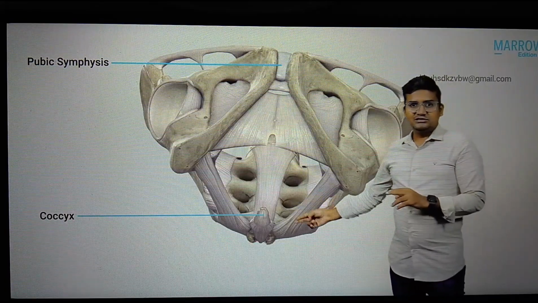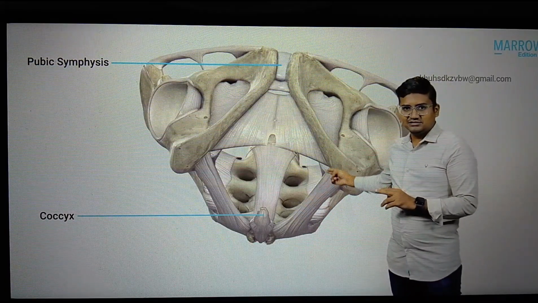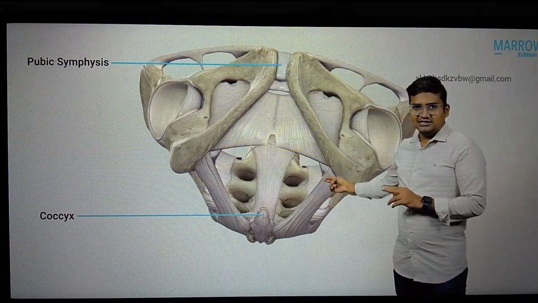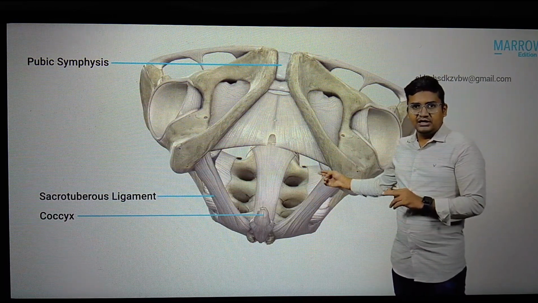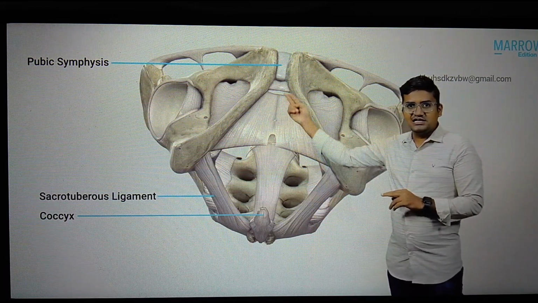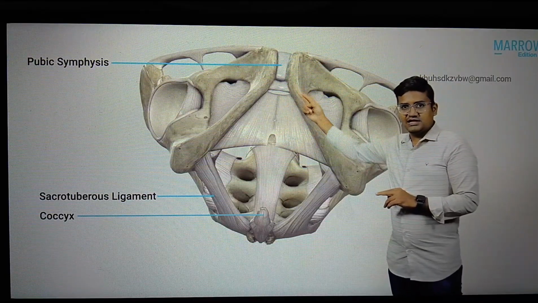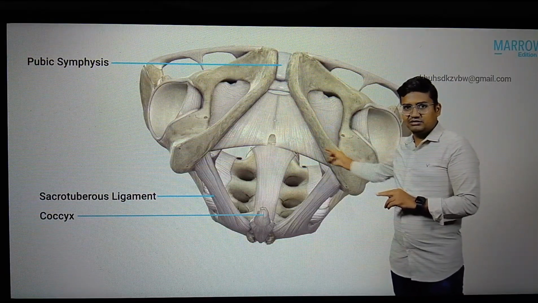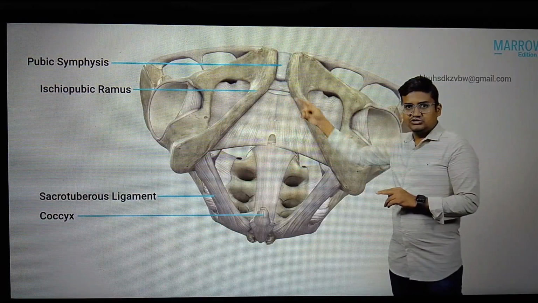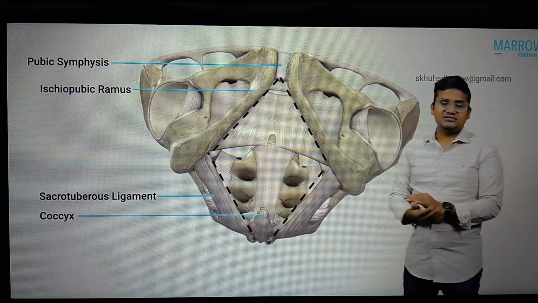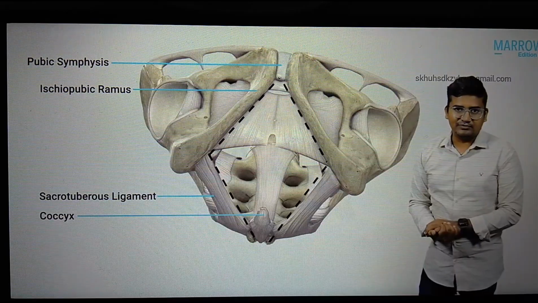Posterolaterally, that is our sacrotuberous ligament from the sacrum to the ischial tuberosity. Anterolaterally, you are seeing this line, the connecting part between the ischium and pubis, the ischiopubic ramus. So, this diamond-shaped fossa is our perineum, the pelvic outlet.